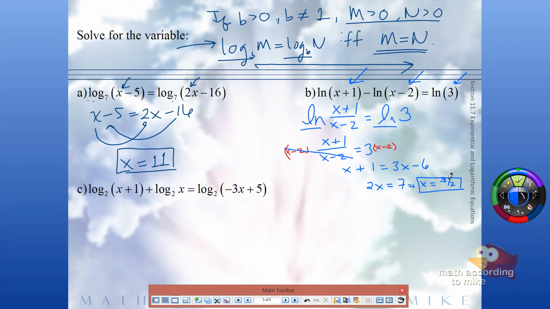In part C, notice on the left-hand side we're adding logs. If you're adding logs, what rule do you use to combine them? Hopefully you said your product rule. So if you're adding logs, you multiply their arguments. So we'll do x plus 1 times x. Distributing an x through, we get x squared plus x. The right-hand side we're going to leave alone.